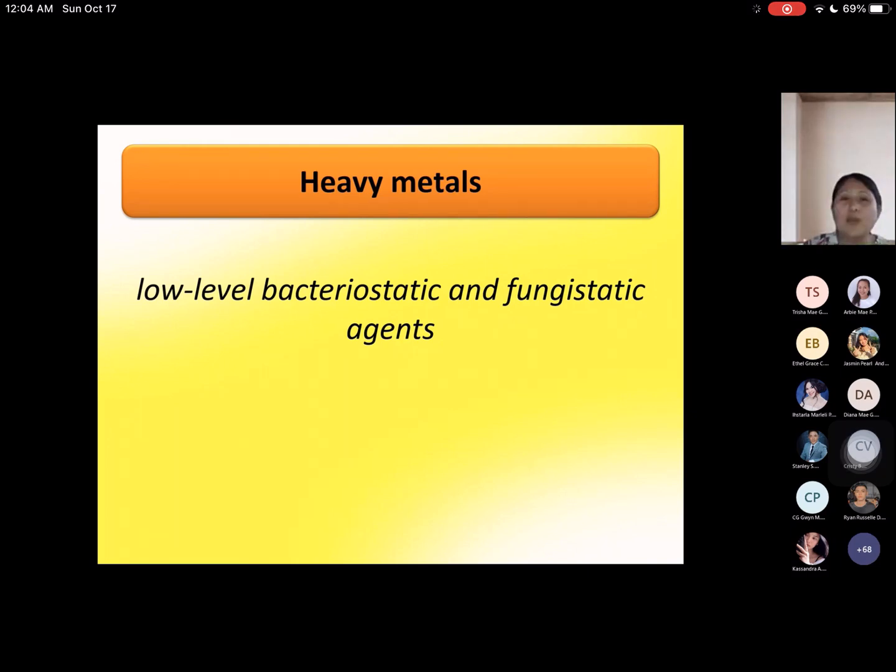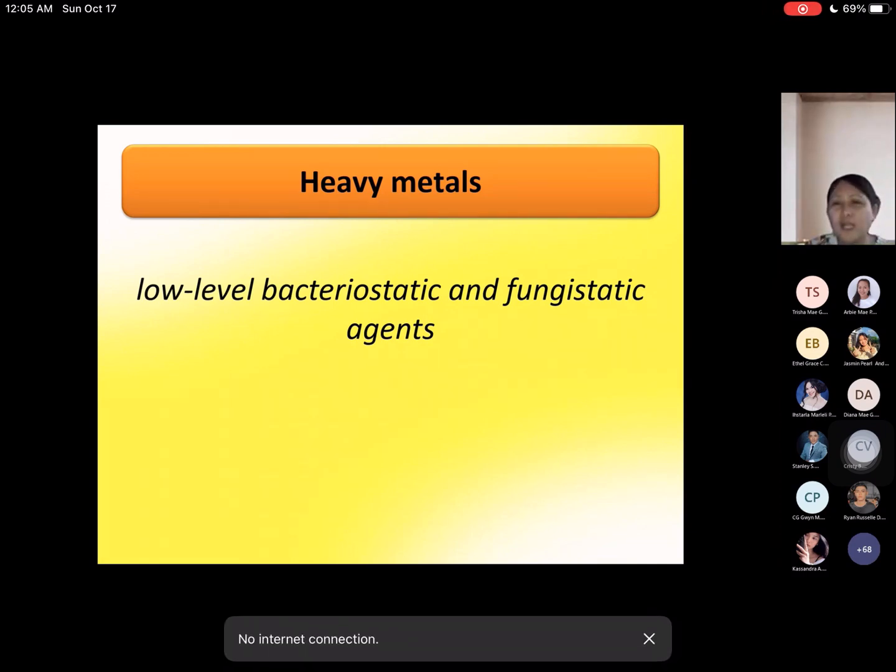Next, we have the heavy metals. Heavy metals are low-level bacteriostatic and fungistatic agents. When you say bacteriostatic, they have a low-level inhibitory effect on bacteria, and they have a low-level inhibitory effect on fungi.